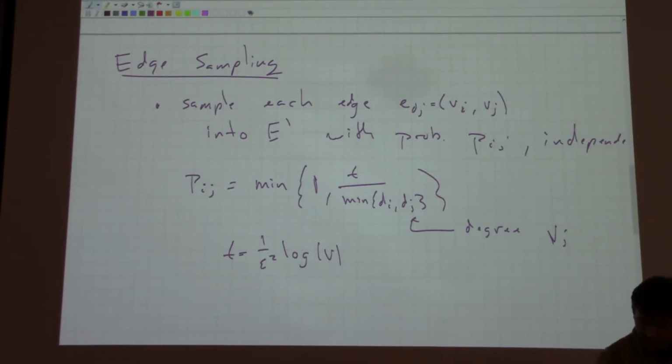The size bound is that the expected number of edges in E prime is going to be bounded by t times the number of vertices.